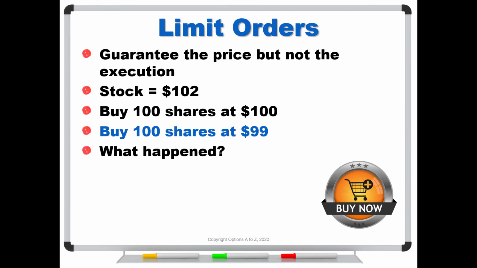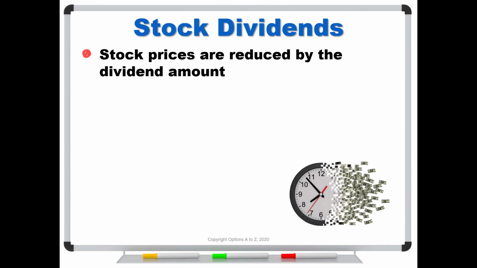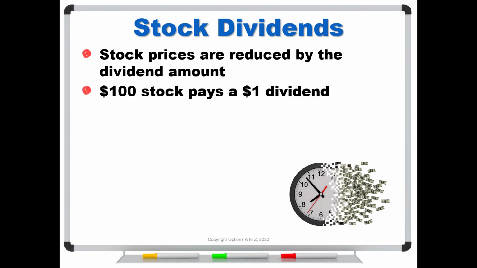Well, what happened? Well, it's because of stock dividends, and stock prices are reduced by the dividend amount. So let's say that our $100 stock here pays a $1 dividend. And what that means is on the date that it's officially designated, what's called the X date or the X dividend date, it will trade for $99, just the previous stock price minus the dollar dividend.